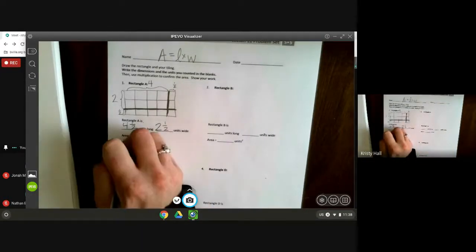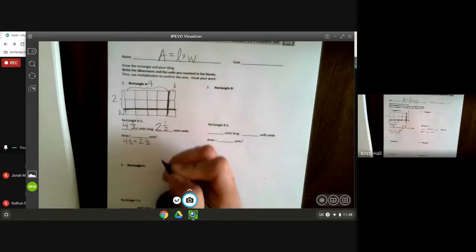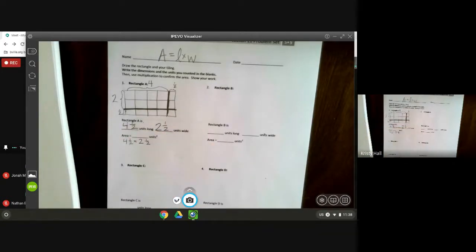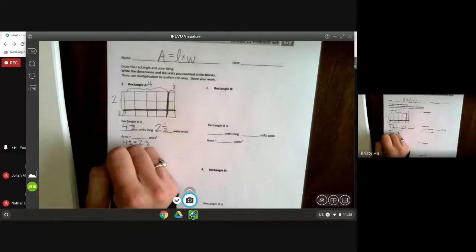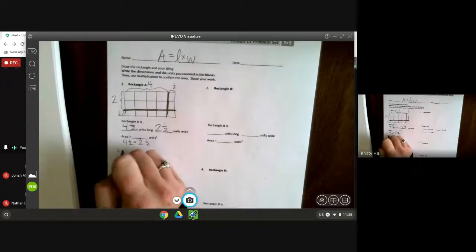So I'm going to use my workspace down here. 4.5 times 2.5. Okay. So the first thing I'm going to do is I'm going to multiply my 2 whole numbers.